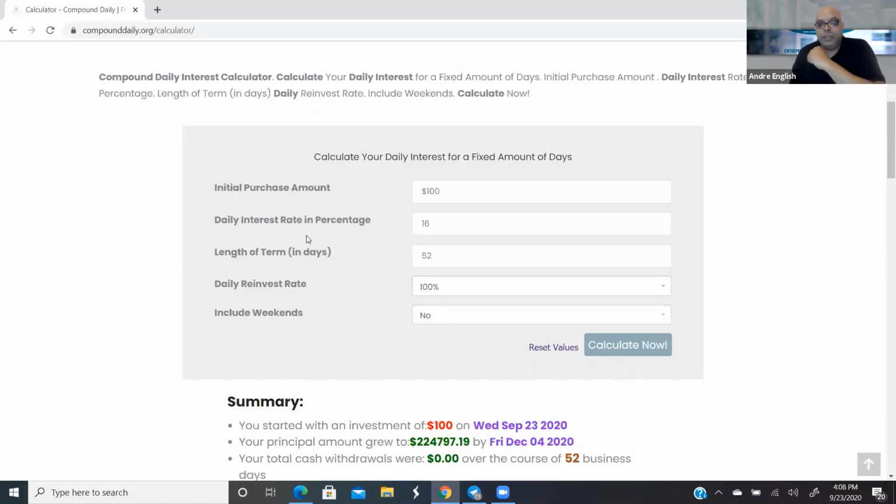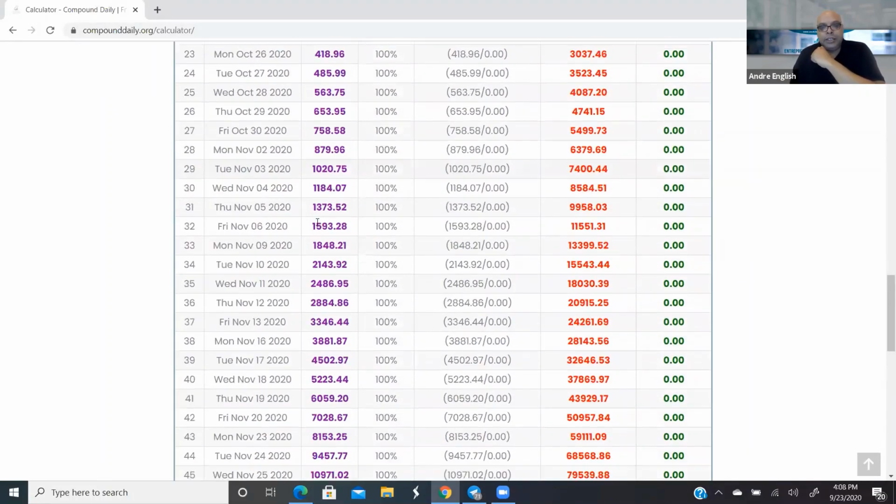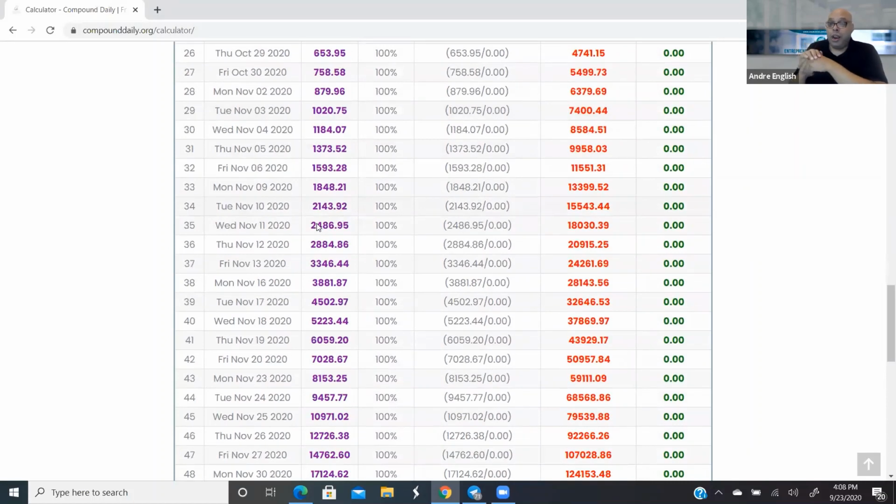The reason why I like to do that is because what it allows me to do is come up with a target weekly income that would allow me to have some options in terms of what I want to do with my life, right? And so let's just say $1,000 a week would be enough for me to supplement my income, replace my income, to be able to have some significant impact in my life. What I'm going to do is I'm going to take that weekly goal and double it.